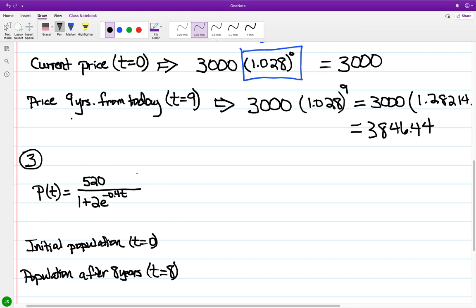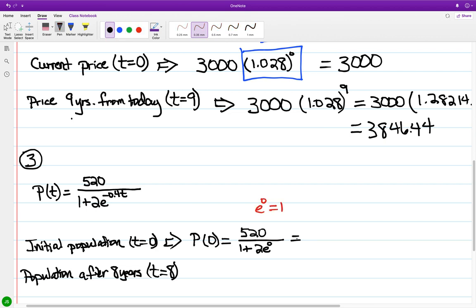Okay, so in working with the formula regarding population, for the initial population, you have starting out at t is equal to 0, so you have P of t with t at 0. So we have the initial population, P of 0, is equal to 520 all over 1 plus 2 times e to the negative 0.4 times 0, which is 0, and again, a non-zero number to the 0 power is equal to 1.